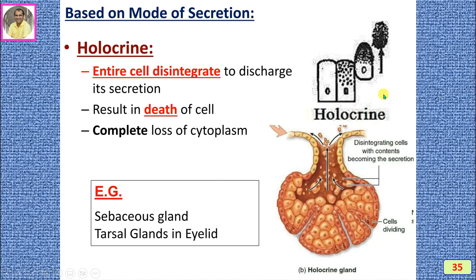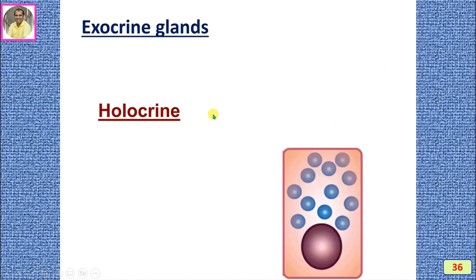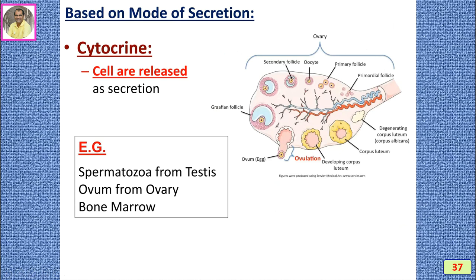So here the cells themselves are going to get destroyed and the death will happen. Whereas the holocrine glands or cytocrine glands are the spermatozoa from testis and ovum from the ovary, and also the bone marrow cells.